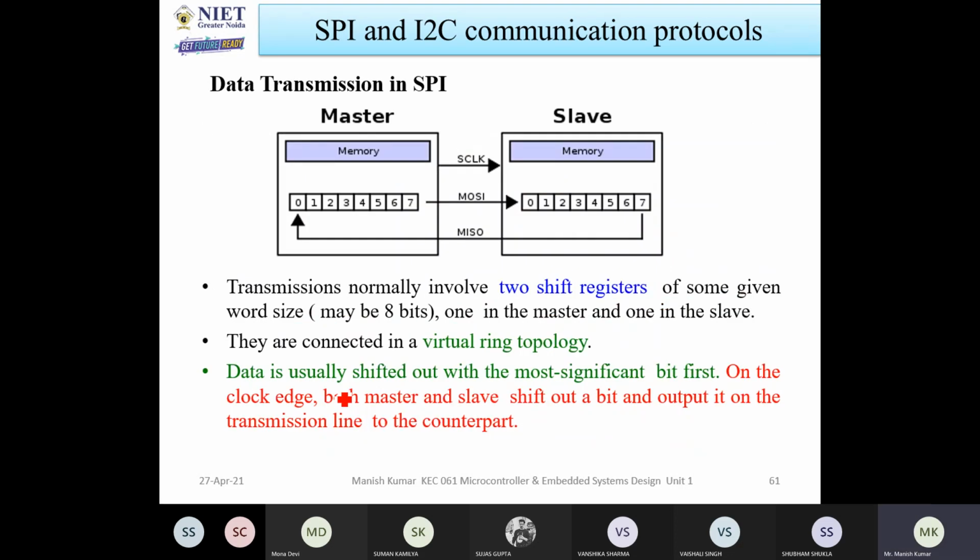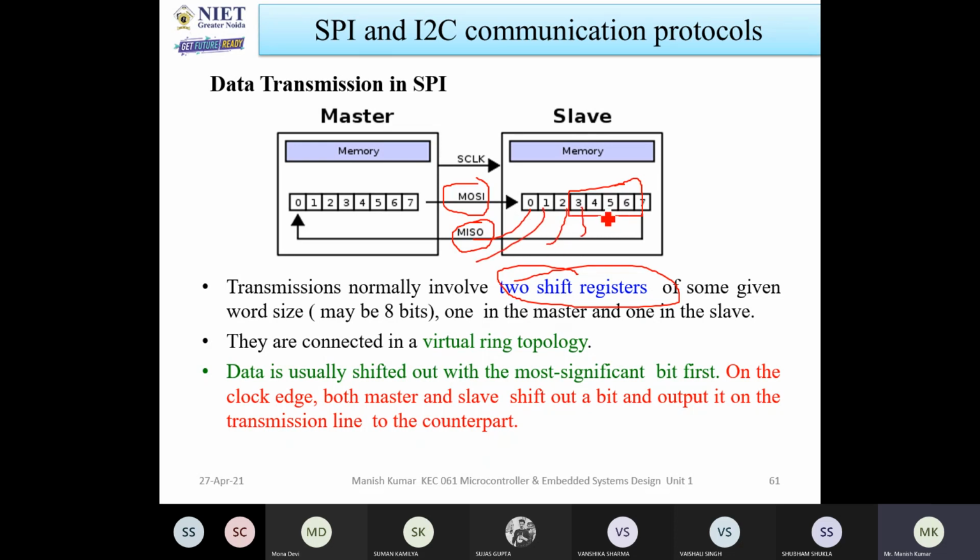So now you can see how the data transmission will happen. I told you about the MOSI lines and MISO lines, correct? But whenever you are transferring the data, something will be required to store the data. So that's why we are using the shift register to store the data. Why use shift registers, not registers? Since if you want to transfer the data, you have to shift it one by one.